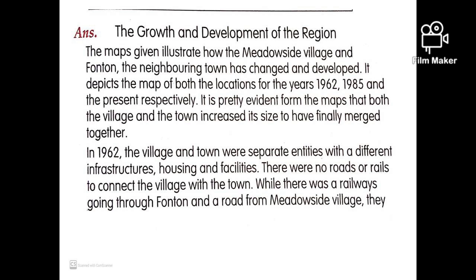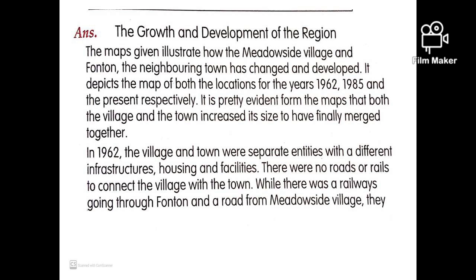And second paragraph. Now in this paragraph you are giving evidence, complete evidence. In 1962, look at the first map. In 1962, the village and town were separate entities. Both Meadowside village and Fountain were separate entities with different infrastructure, housing and facilities. There were no roads and rails to connect the village with the town.